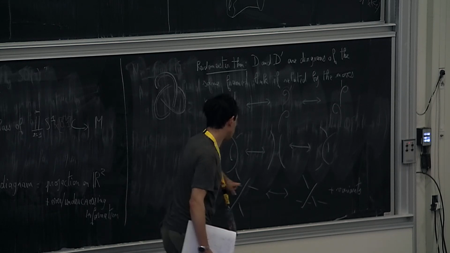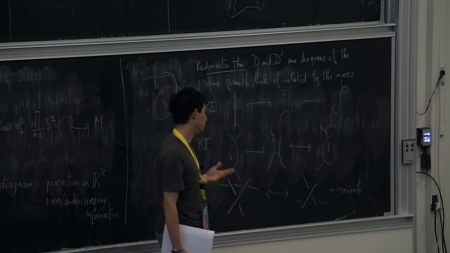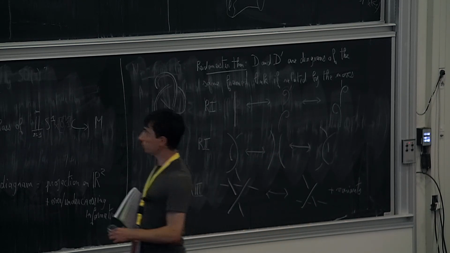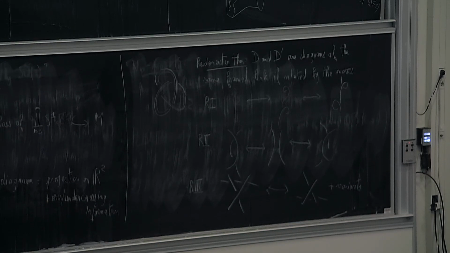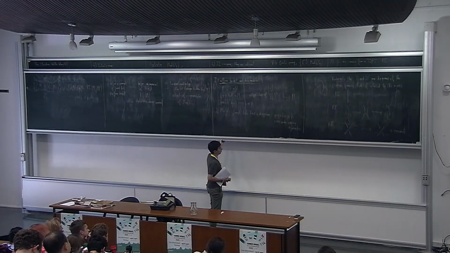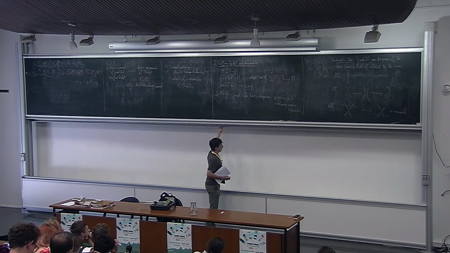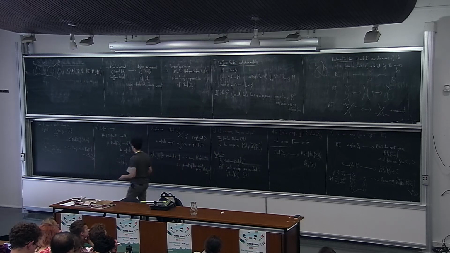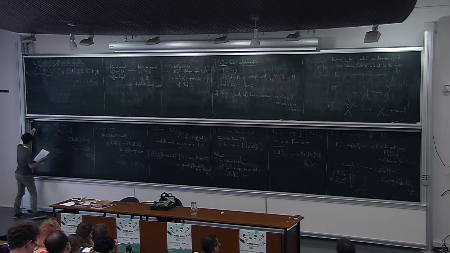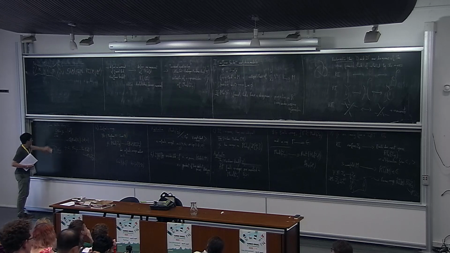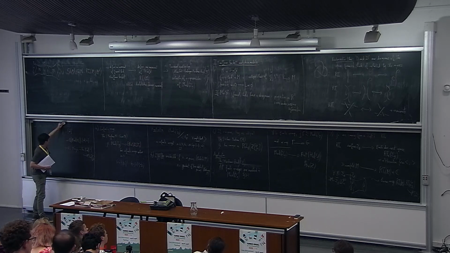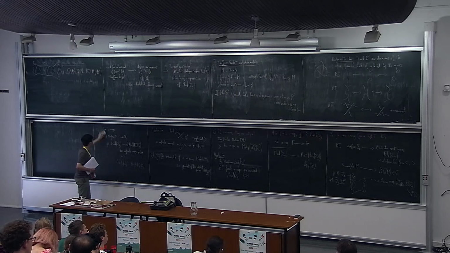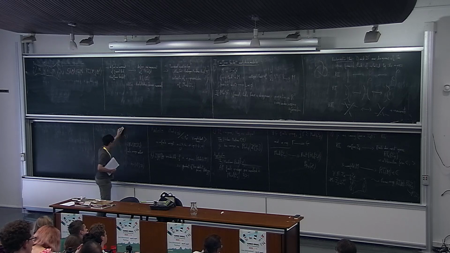Like I could put this horizontal strand on top. That would be also a Reidemeister 3 move. Okay, so this is the Reidemeister theorem, and we'll use this theorem to construct an invariant of framed links in S3.